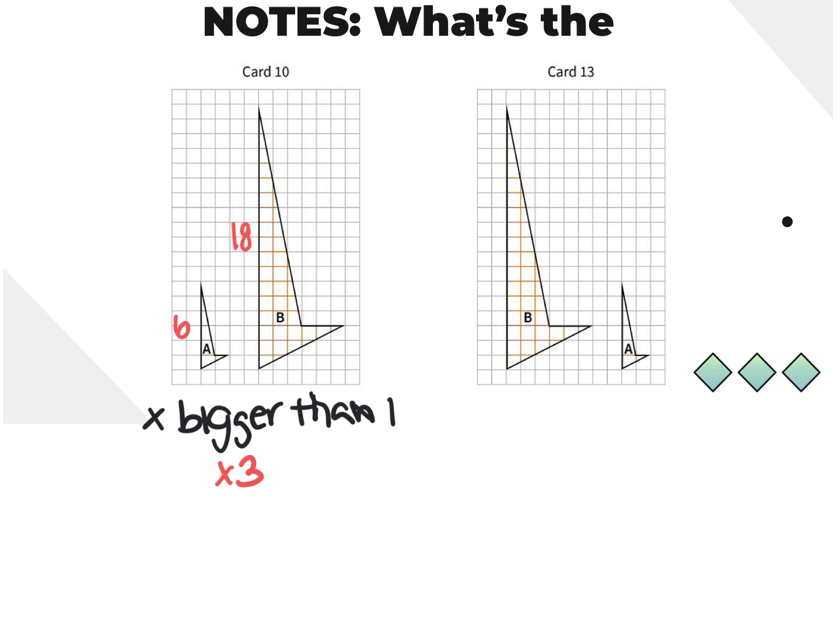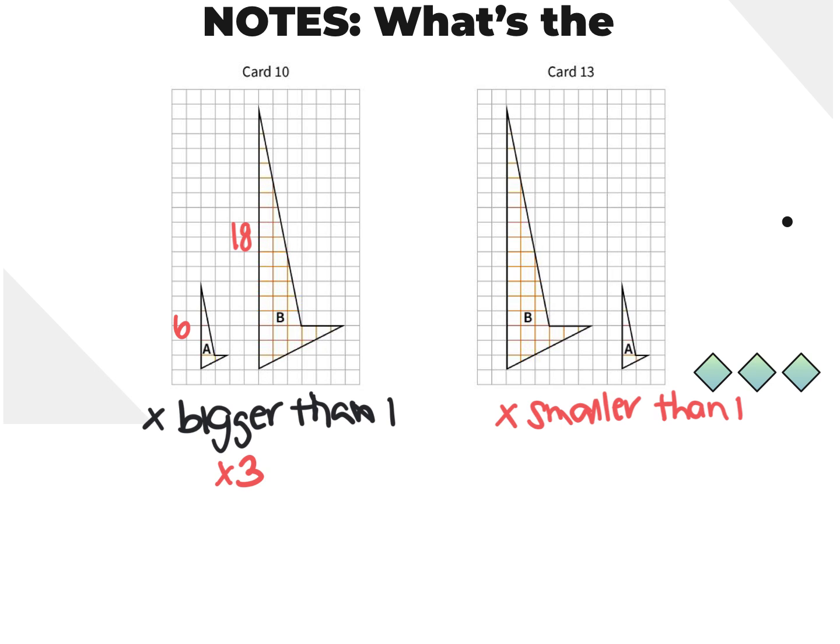If the copy is getting bigger, your scale factor gets multiplied by something bigger than 1. So then for card 13, we're going to multiply by something smaller than 1. And it's 1/3. Those will often be written in fraction form. So for this one, we said, yes, it's kind of that reciprocal, 1/3.